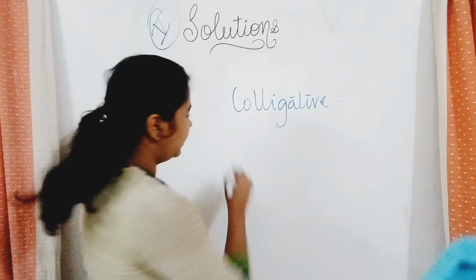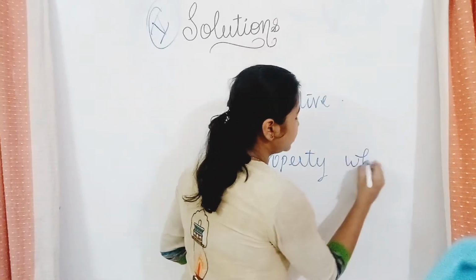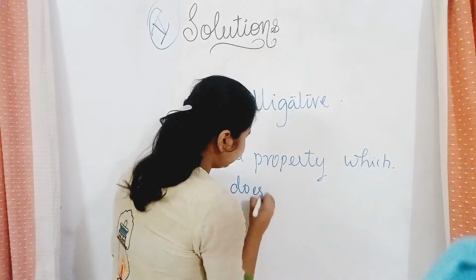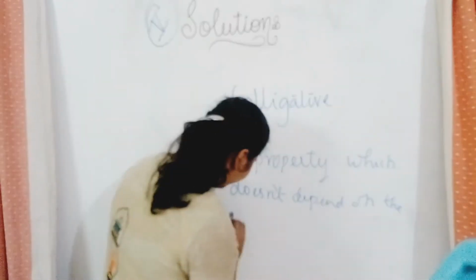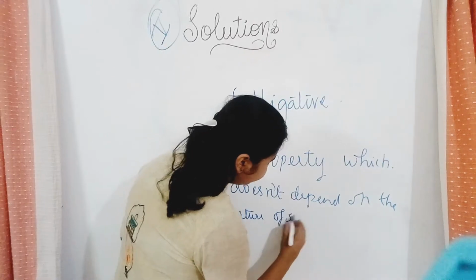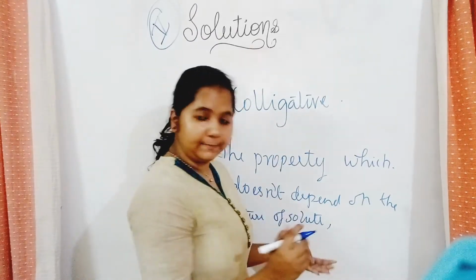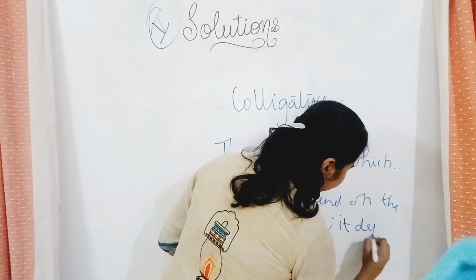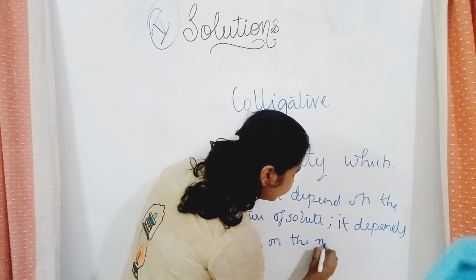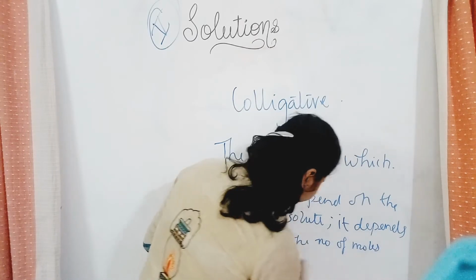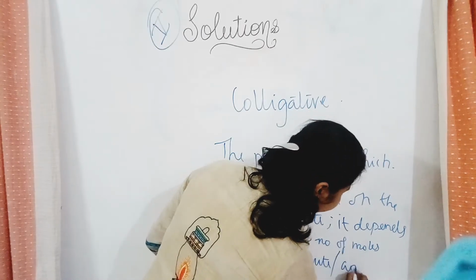What are colligative properties? The properties of a solute which don't depend on the nature of the solute. They depend only on the number of moles of the solute, or you can say the amount of the solute.